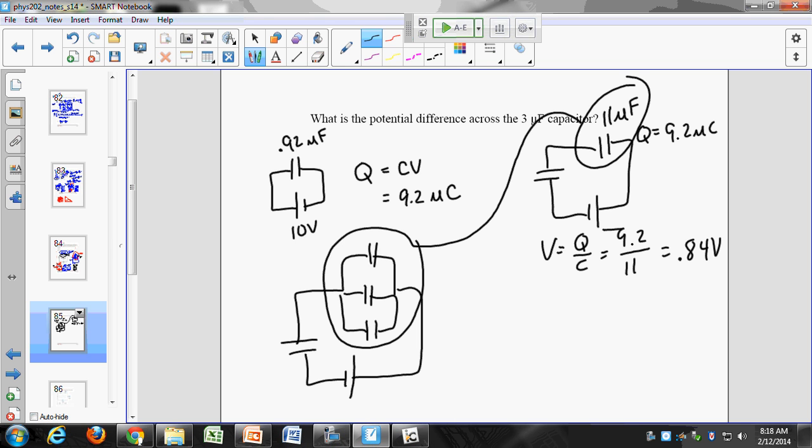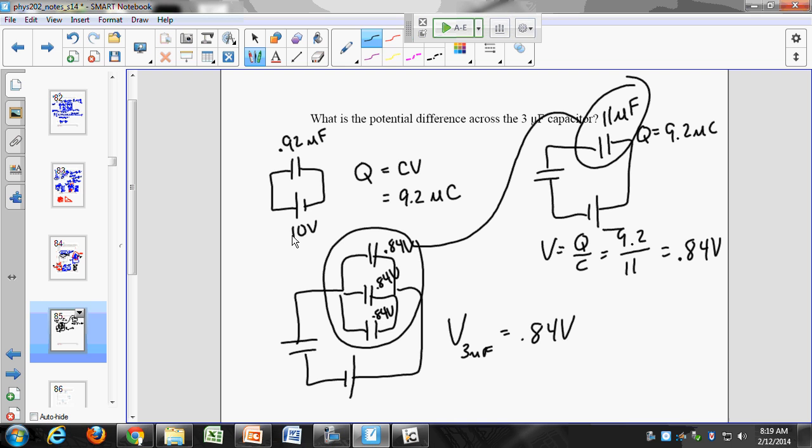If that 11 microfarad capacitor has 0.84 volts, that means I have 0.84 volts here, 0.84 volts here, and 0.84 volts here. All right? So that's my answer. The potential across the 3 microfarad capacitor is equal to 0.84 volts.